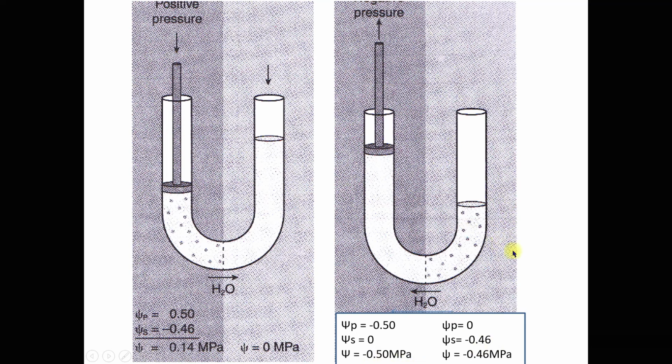So the right arm apparently has bigger water potential, which is negative 0.46, compared with the left arm, which has slightly lower water potential, which is negative 0.50. Negative 0.46 is bigger than negative 0.5, right? So what happens? Water will diffuse by osmosis from the right arm to the left arm.